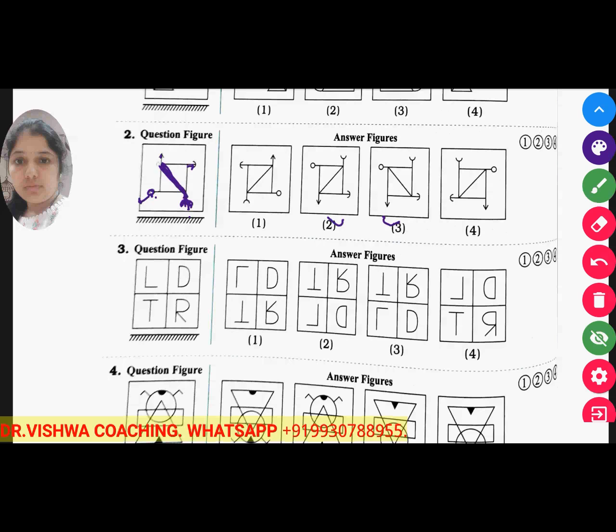This diagonal is from right to left. So which is correct, this one or this one? One second. It will look like this because it gets reflected in the water.